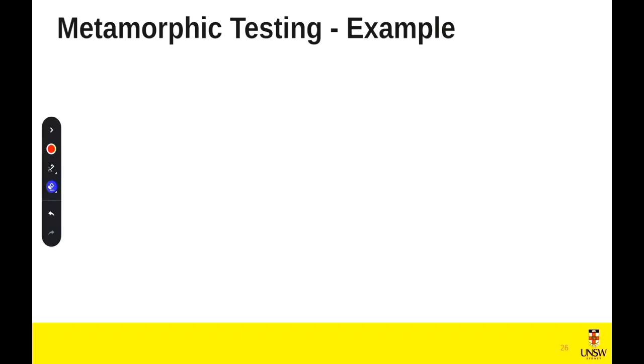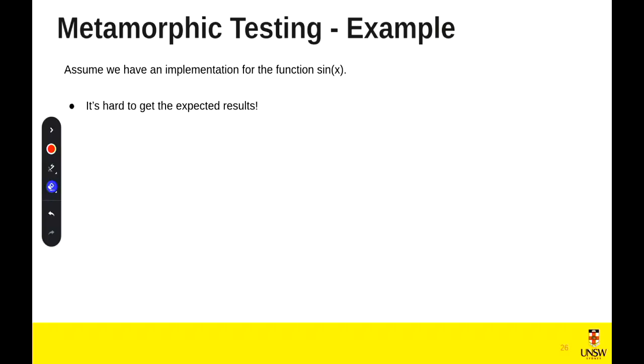Let's have a look at an example. Assume we have an implementation of the function to calculate sin x. It is actually hard to get the expected values. If we don't have the implementation of sin x, it's hard to get the exact values; we have to calculate the correct answer using some mathematical formulas.